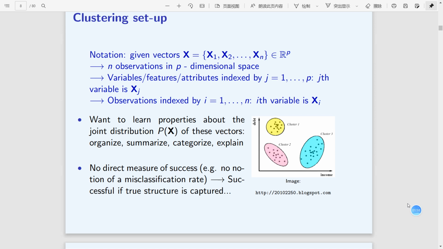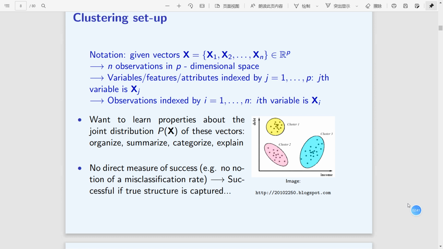Some people call variables, features or attributes the same thing, and they have an index. Observations are indexed by i, which is the variable that has everything in the vector. Given the diagram on our right, we have two features or variables here: one is income, one is debt.